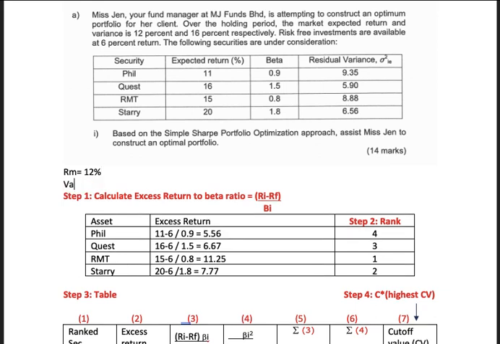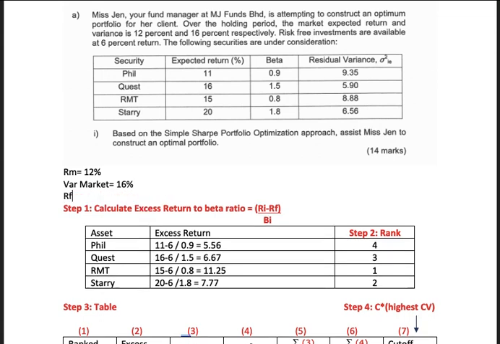And the variance of the market was 16%. And given the RF for the risk-free investment is 6%.